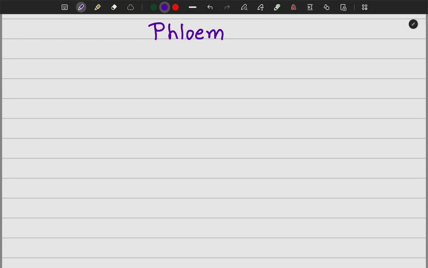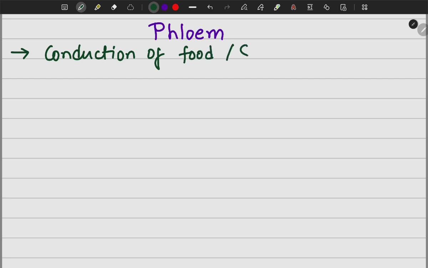In this session, we are going to learn about the second type of complex tissue found in plants, which is the phloem. The phloem is mainly responsible for the conduction of food material in plants, or the conduction of starch, we can say.